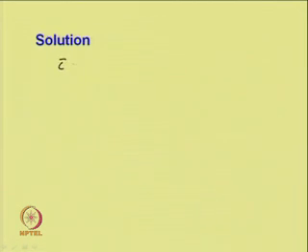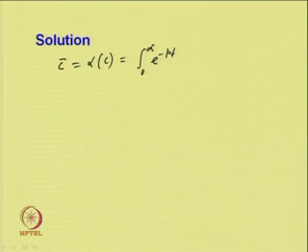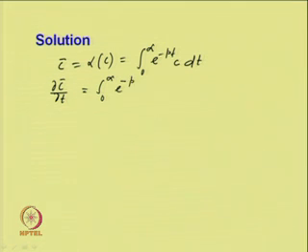C bar, if we say Laplace transform of C, we can write integral 0 to infinity e to the power minus p t C dt. Then we can write ∂C bar/∂t will be equal to integral 0 to infinity e to the power minus p t ∂C/∂t dt.